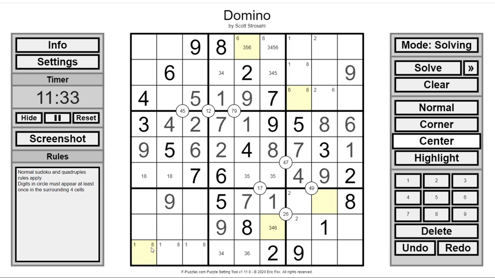I don't know, just... Can it repeat? It can repeat. Digits and circles must appear at least once. But I think I could have a 6 here and here as well. It just doesn't do enough.